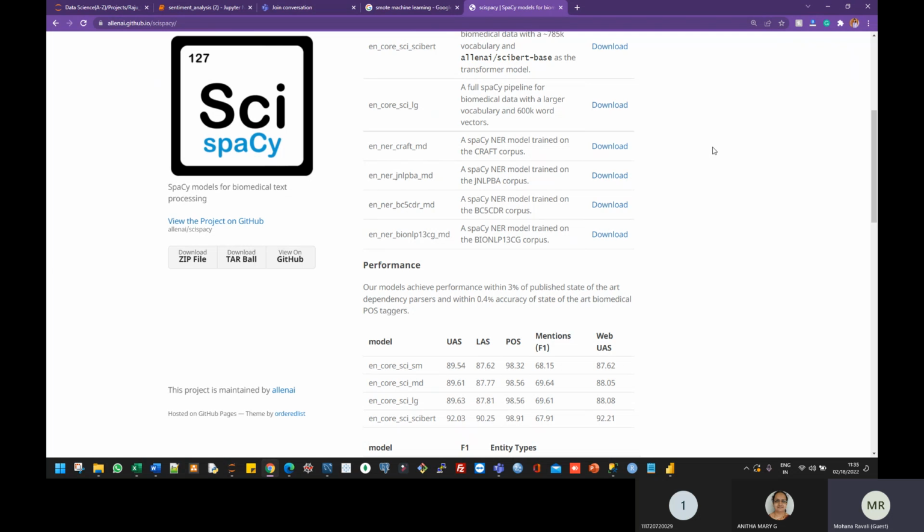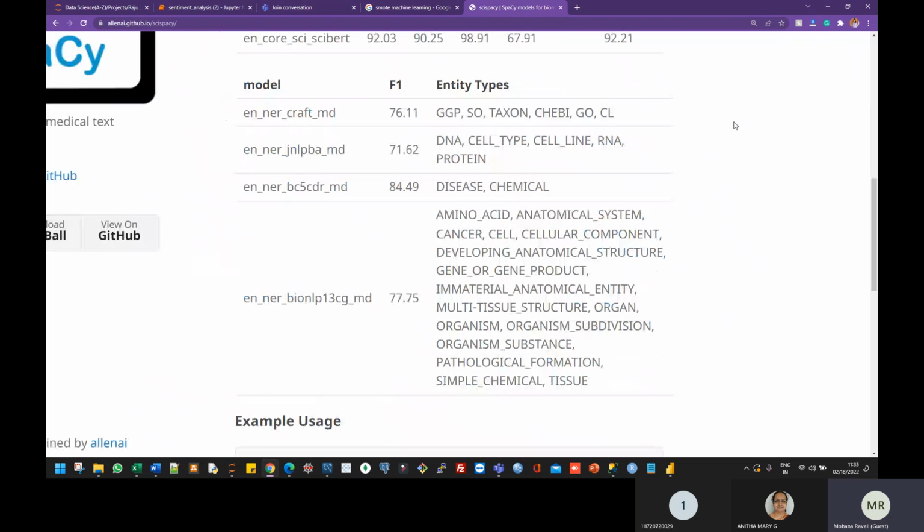So which model can I select now? BC5CDR. But the problem is, BC5CDR only gives me disease and chemical. What about my test and treatment? Who will give me test and treatment? If I use this model, I get disease and chemical.